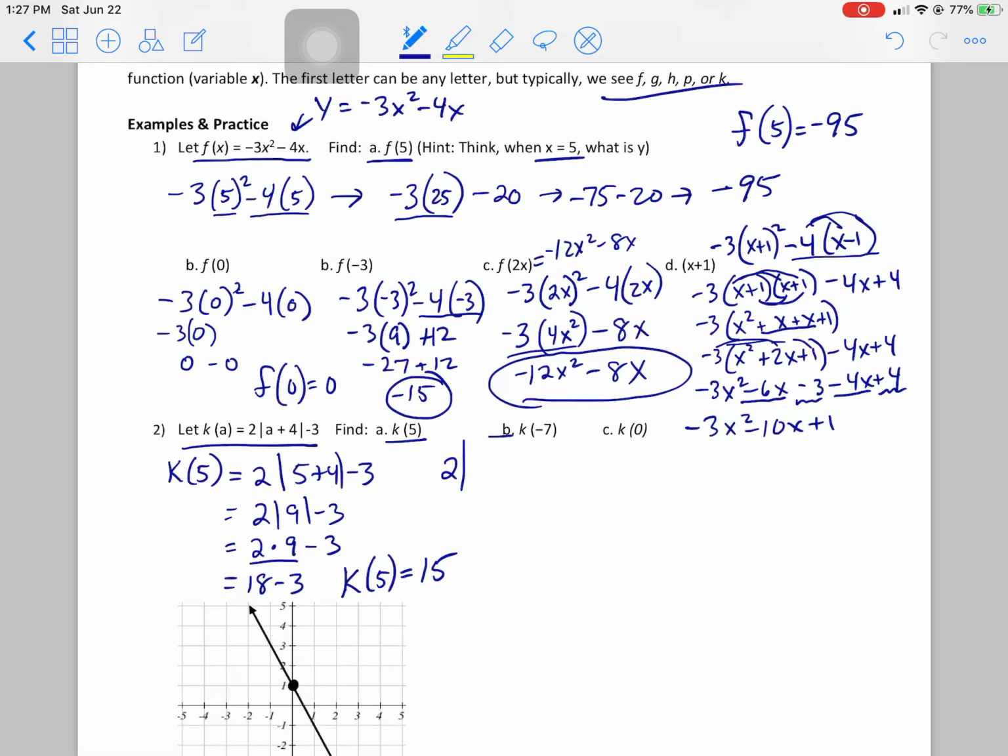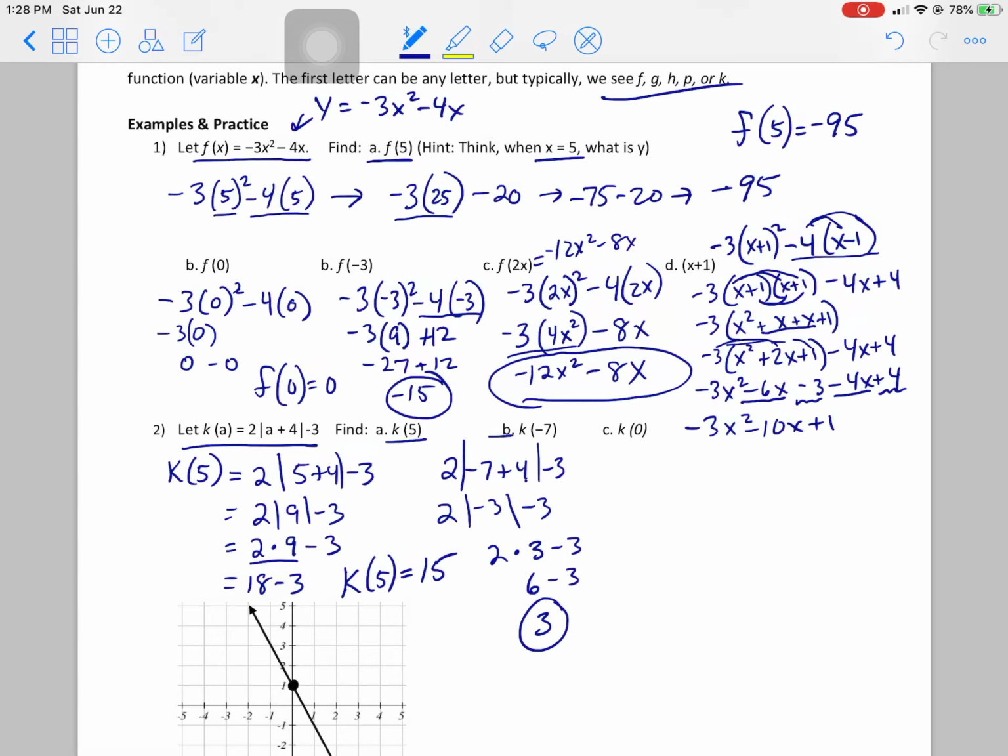Okay. All right, here's negative 7 here. So 2, negative 7 plus 4, negative 3. 2, negative 7 plus a positive 4 is a negative 3. The absolute value of a negative 3 is a positive 3, so 2 times 3 minus 3. So this is 6 minus 3, so this is 3.